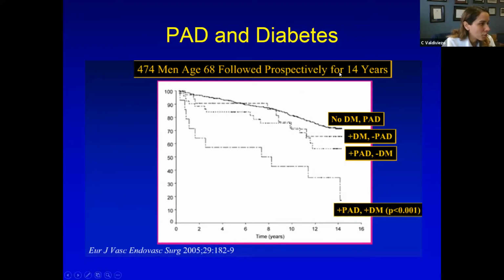In the top graph, we can see the line of patients that had no diabetes with peripheral artery disease, those who had diabetes but no peripheral artery disease, and, of course, those who had both peripheral artery disease and diabetes. There was a significant difference over time, and obviously they have worse outcomes as well.